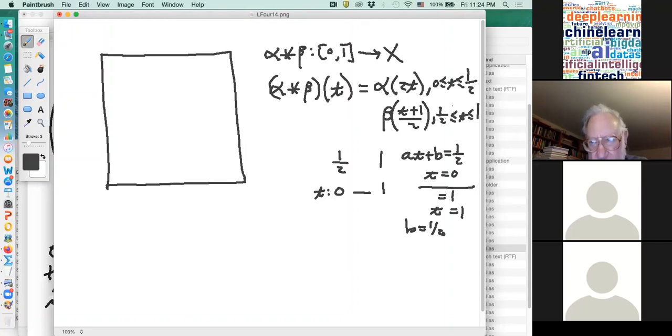Check it. If t is equal to 1/2, then you get, oops, I made a mistake. Oh, I did the inverse. Very sorry.